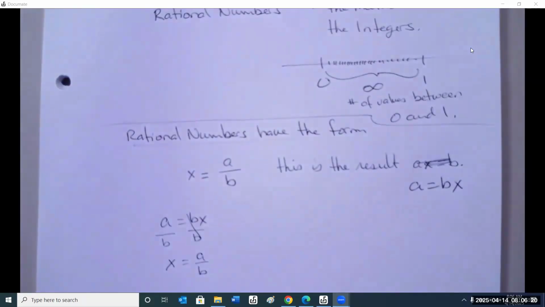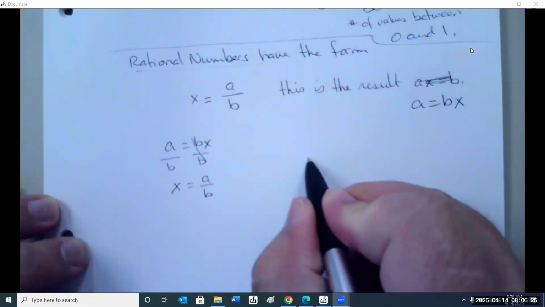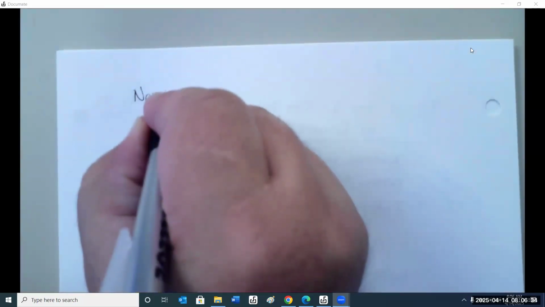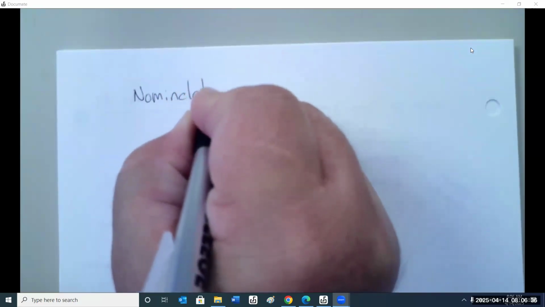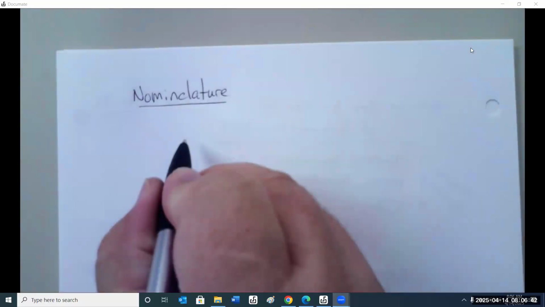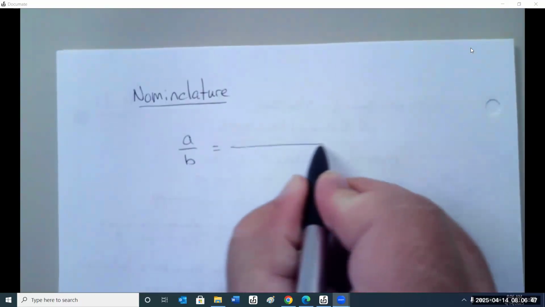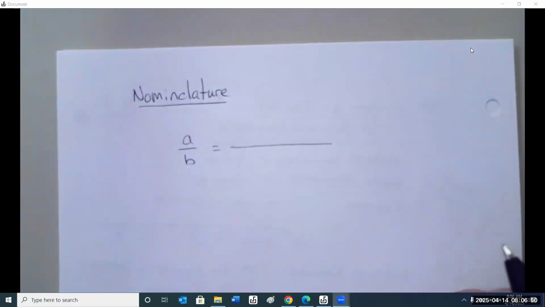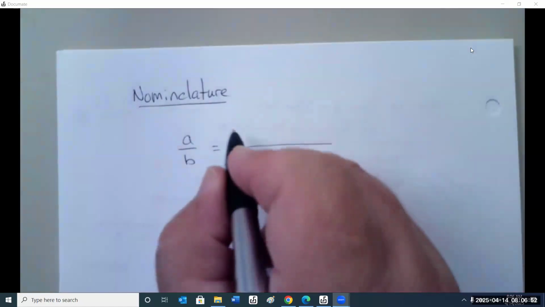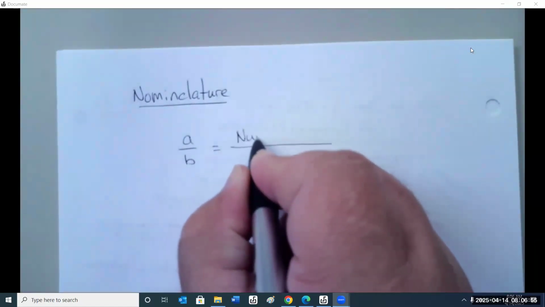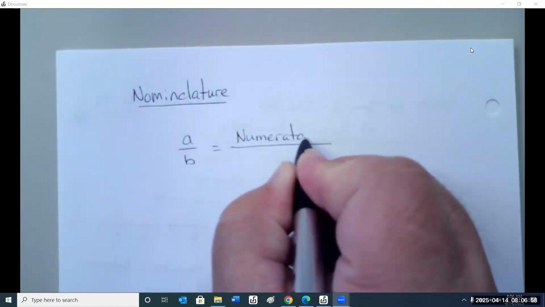Depending on which grade you teach, let's look at the nomenclature. In other words, let's look at the words we use. In elementary school, we call the top number the numerator.